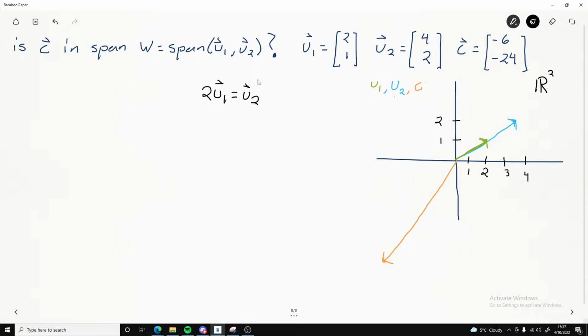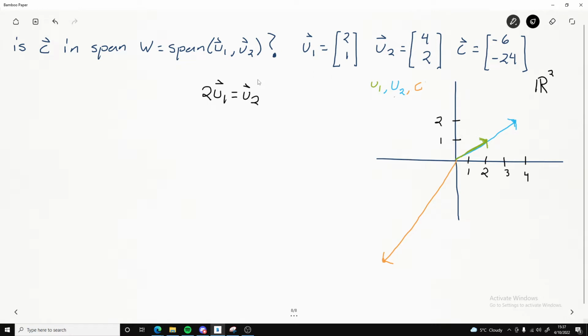And so if we draw this out geometrically, which always helps, we notice that we have a line. We have u1 and u2 both on the same line, like right here. It's not really shown for some reason on the video, but you can see that u1 is on top of u2 because u2 is equal to 2u1.